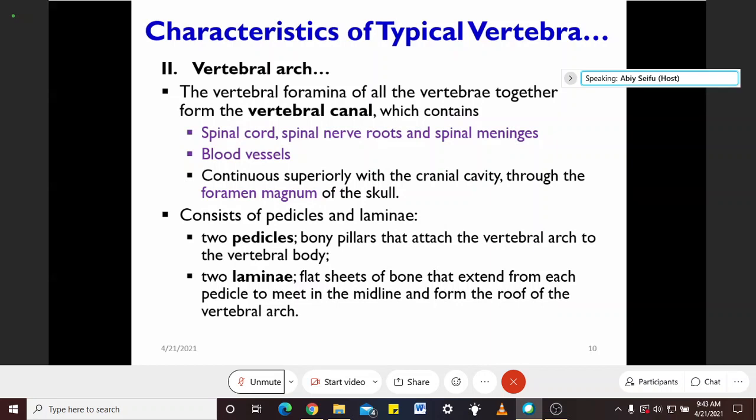Whereas the lamina forms mostly the posteromedial parts of the walls of the vertebral foramen. There are right and left laminae, and when they fuse together they form an elongation, which is the spinous process.